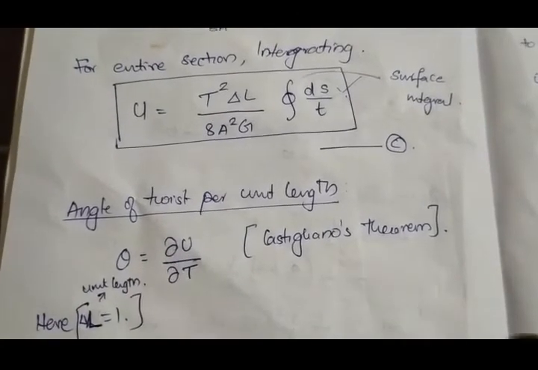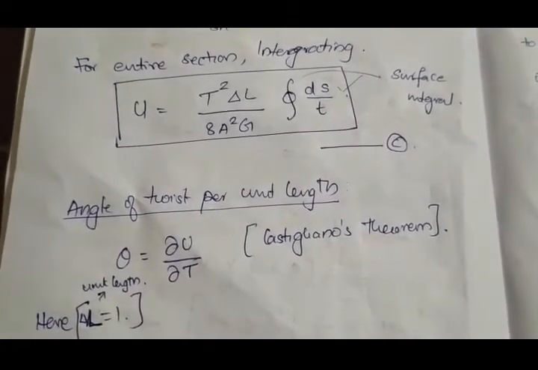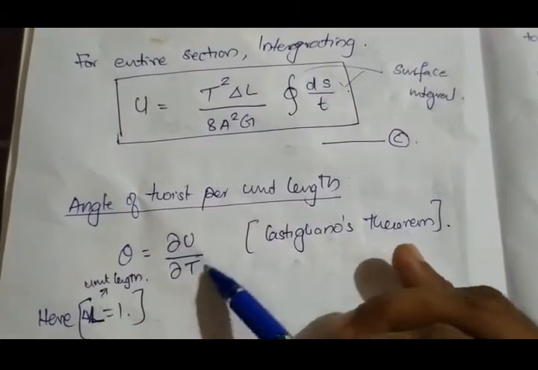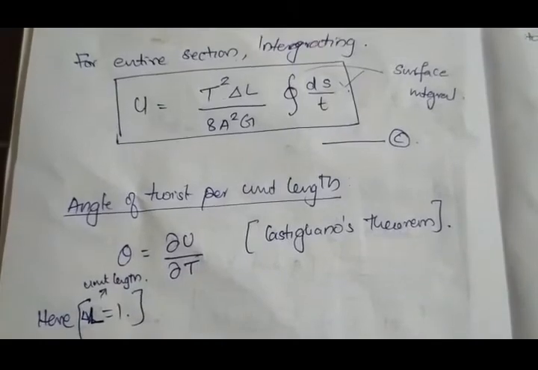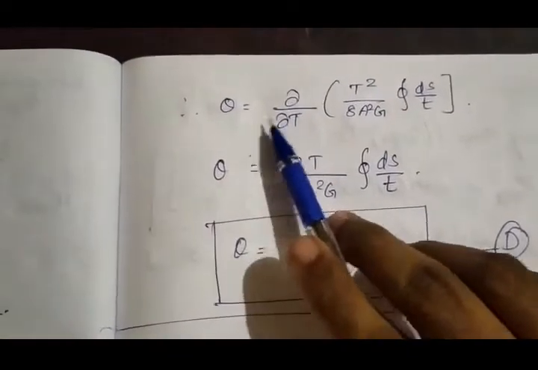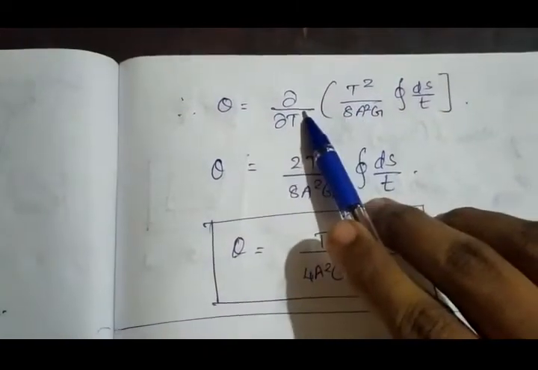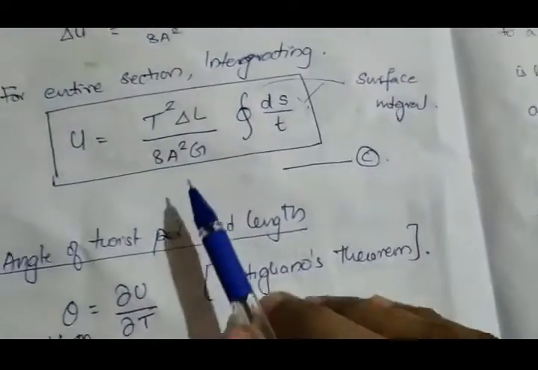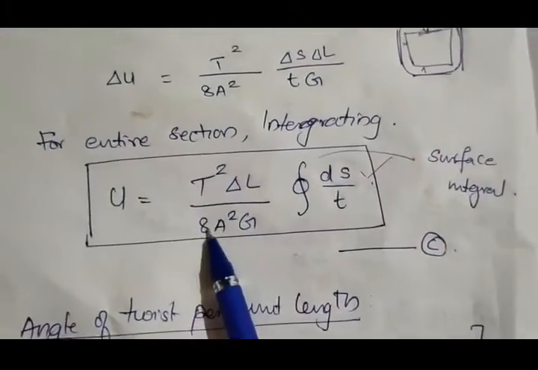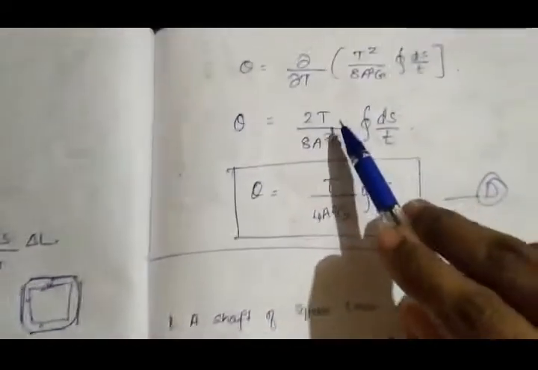Also, if you need to find the angle of twist per unit length, from Castigliano's first theorem, you know delta is equal to dou U by dou P. Similarly, as I explained, theta is equal to dou U by dou T, where theta is the angle of twist per unit length.